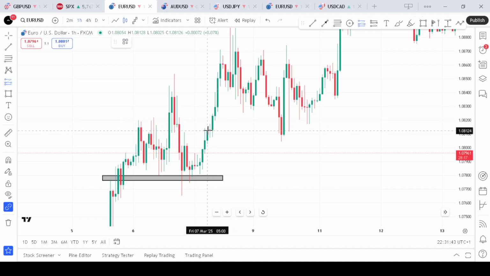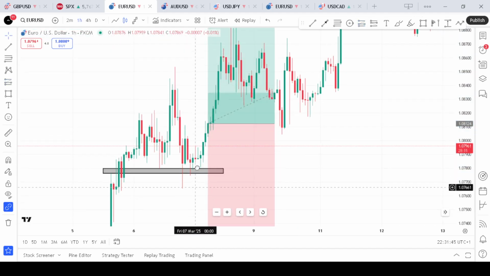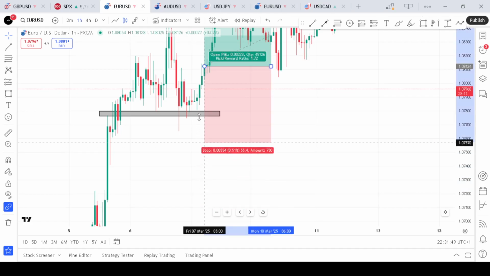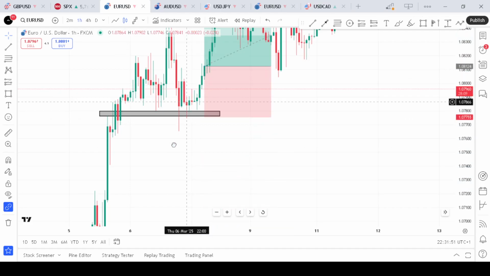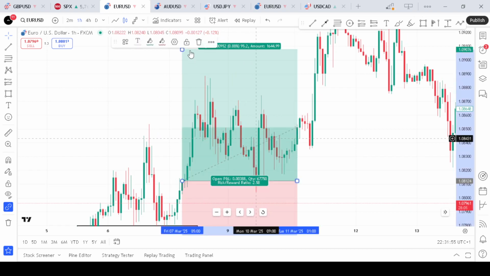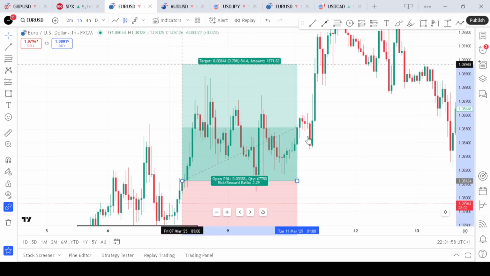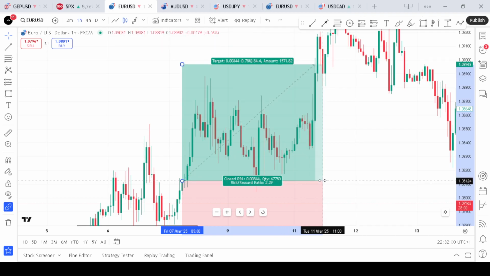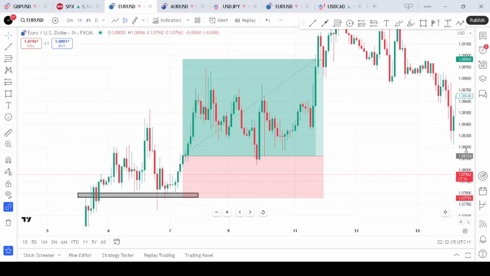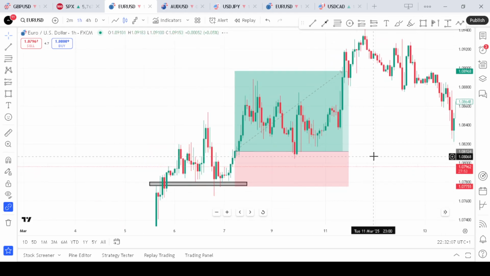This is where you would want to enter. Place your stop loss just below the resistance area. Then you aim for your 1:2 or 1:3, as the case may be. This is all about the three blind mice chart pattern. Very easy to spot and very easy to trade.